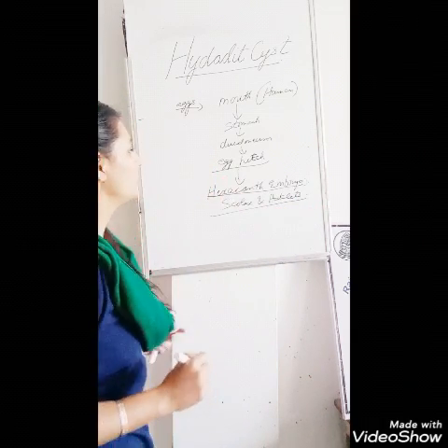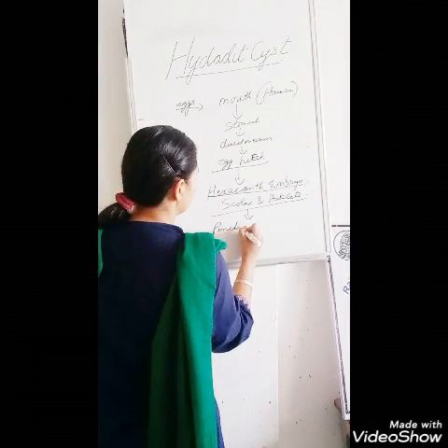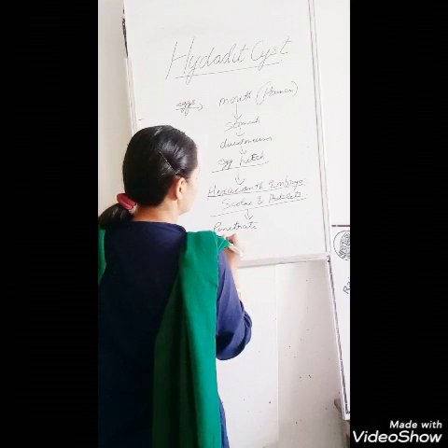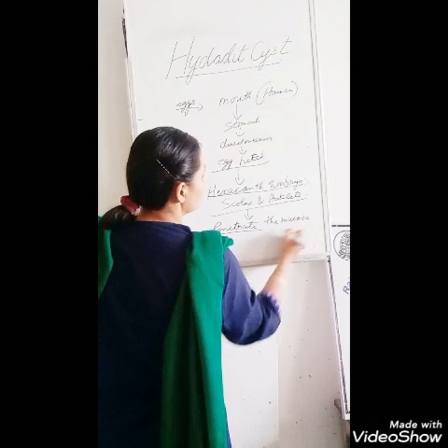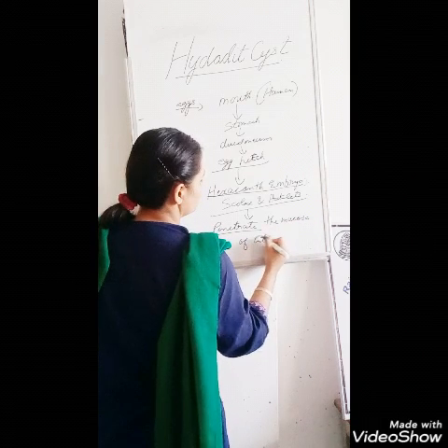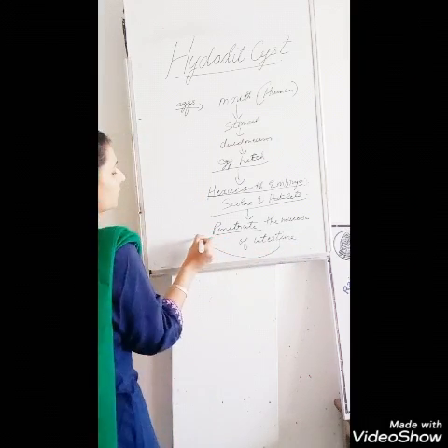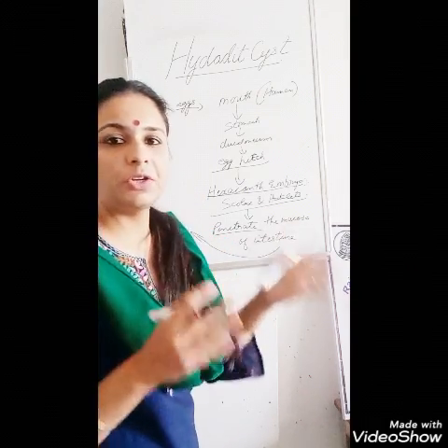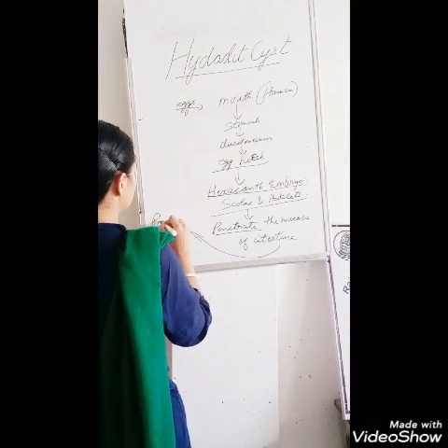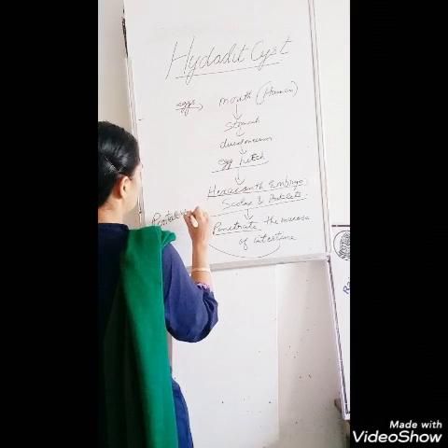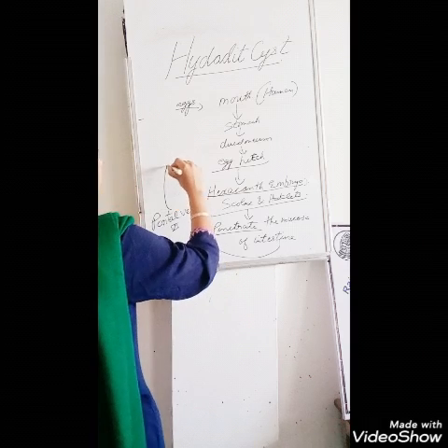Then this will penetrate the mucosa of the intestine, and from there it will move into the portal circulation, and via the portal vein it will enter into the liver.